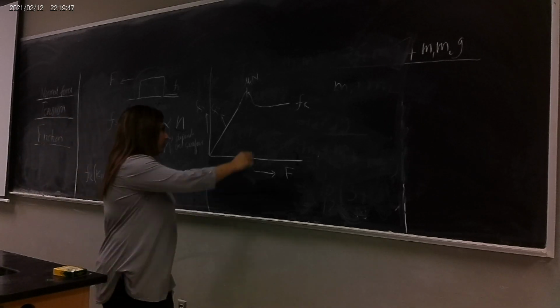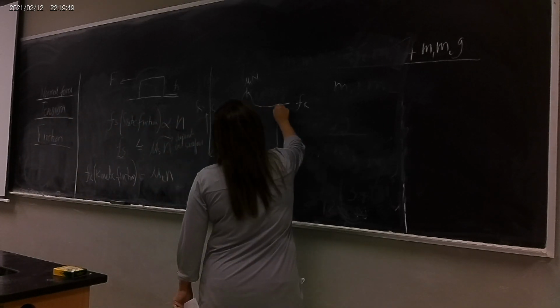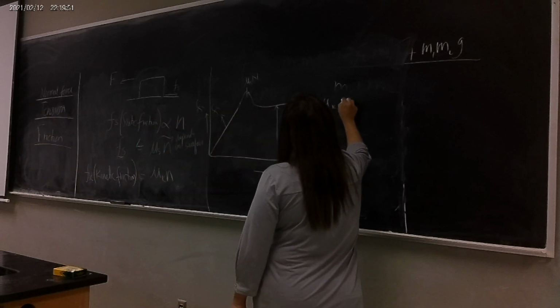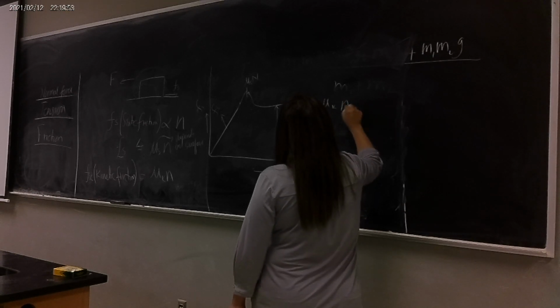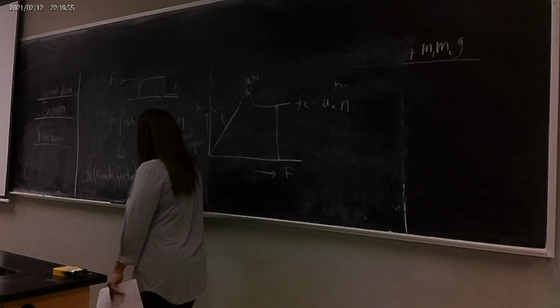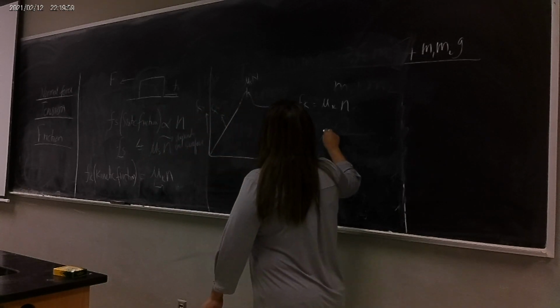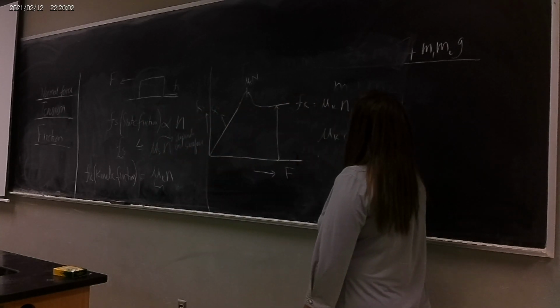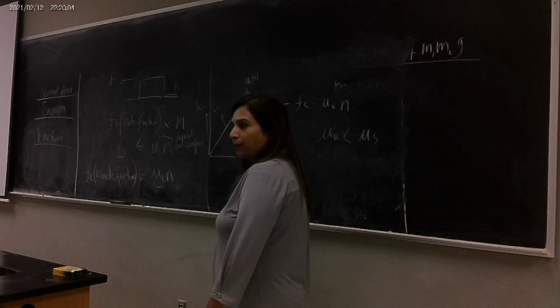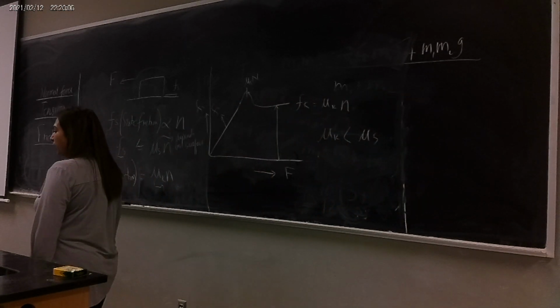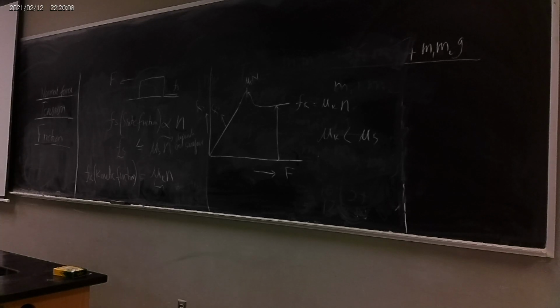So Fk will be equal to mu k N, where mu k is the coefficient of kinetic friction. Mu s and mu k are not the same. Mu k is generally less than mu s because the object is already in motion, and that results in a smaller coefficient of friction.